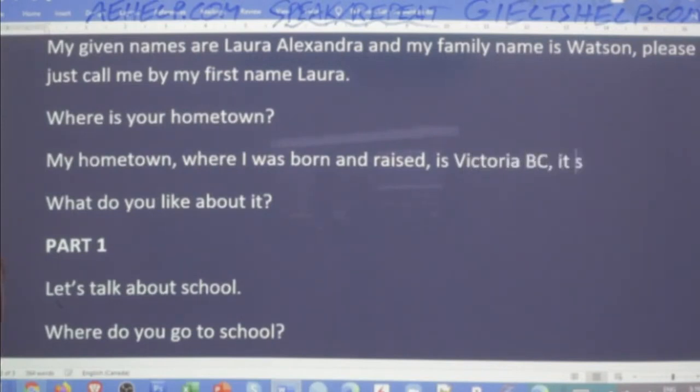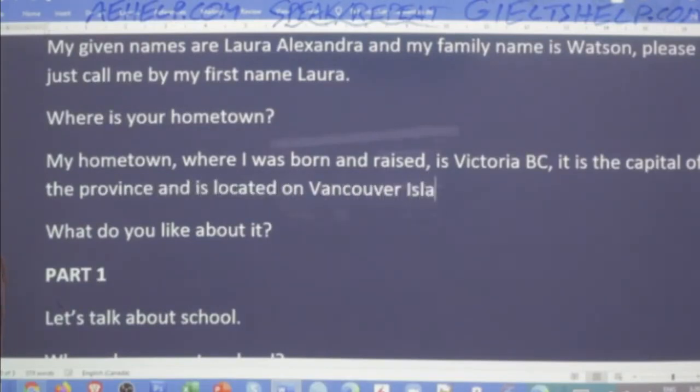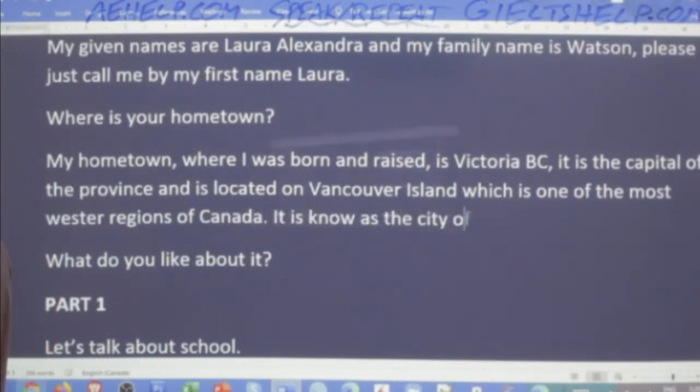It is the capital of the province and is located on Vancouver Island, which is one of the most western regions of Canada. It is known as the City of Gardens.